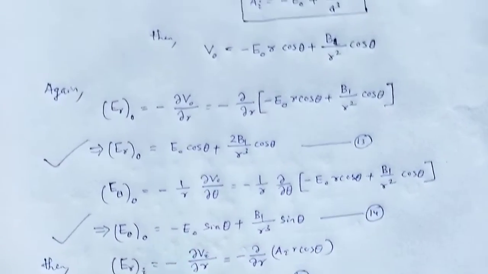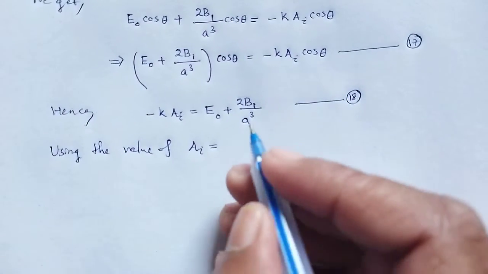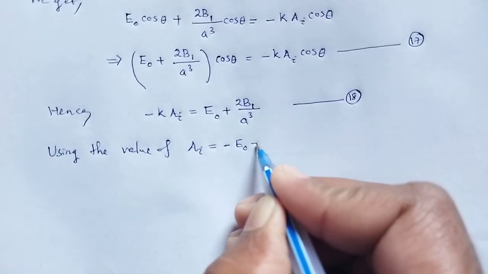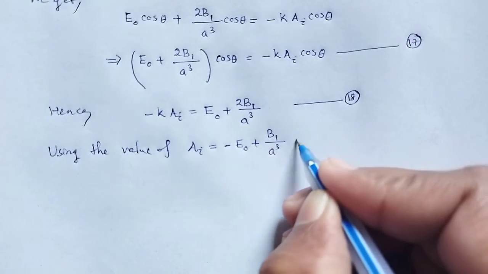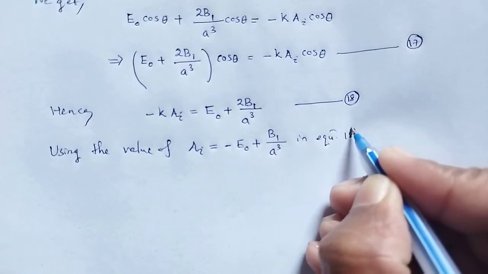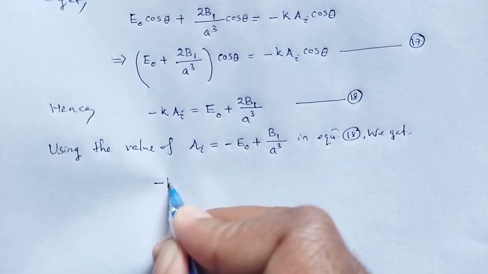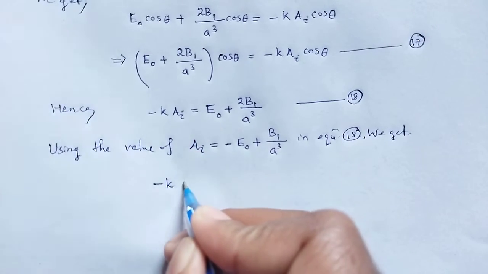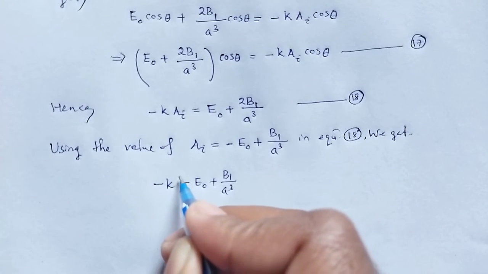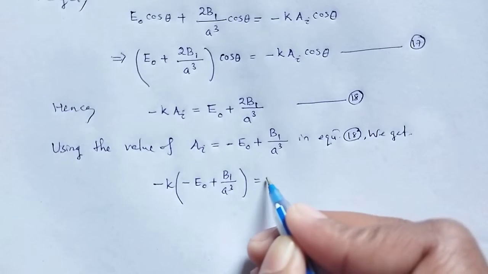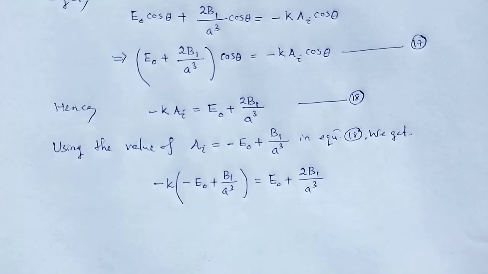Here is the value of A I, that is minus E naught plus B1 by A cubed. In equation number 18 we get minus K, in place of A I we implement minus E naught plus B1 by A cubed, is equal to E naught plus 2 B1 by A cubed.